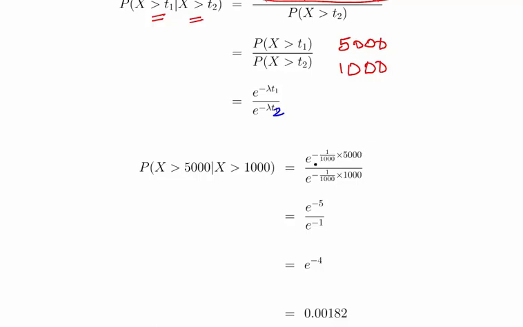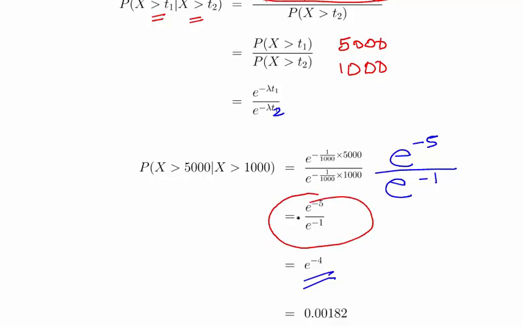So we have e to the minus 5, which we got before, and then e to the minus 1, which is 1,000 divided by 1,000. So e to the minus 5 divided by e to the minus 1 gives us e to the minus 4.